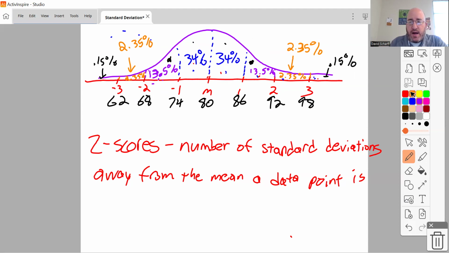Okay. Then both the orange sections are 2.35%, and the outlier sections, the 0.15s, are 0.15% each. Okay. If you add all 8 of those sections up, it gets you 100% of your data points. Okay.